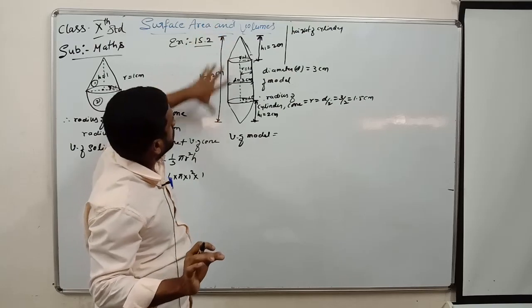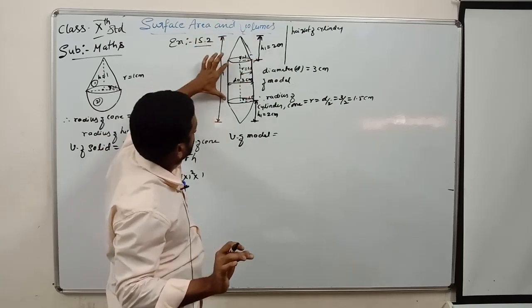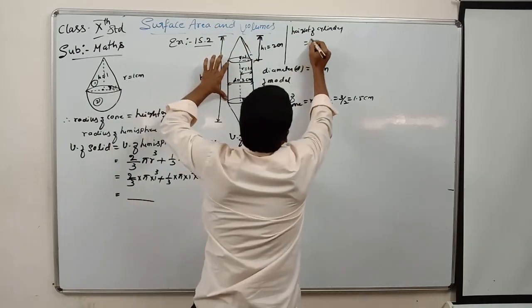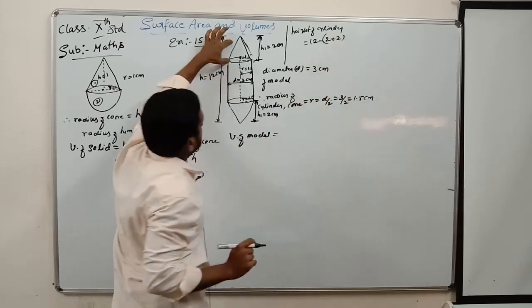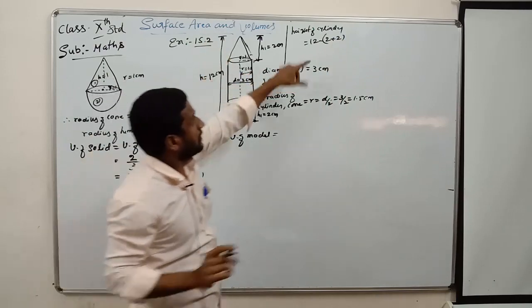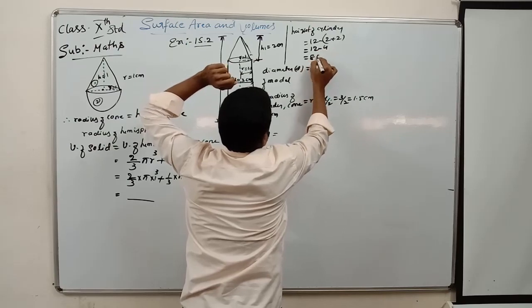So in that total 12 centimeter, if you subtract 4 centimeter, you get the height of the cylinder. So height of the cylinder is equal to 12 minus (2 plus 2). Why 2 plus 2? Because two cones are there, and each cone has height 2 centimeter. 2 plus 2 is 4, so 12 minus 4 is equal to 8 centimeter.